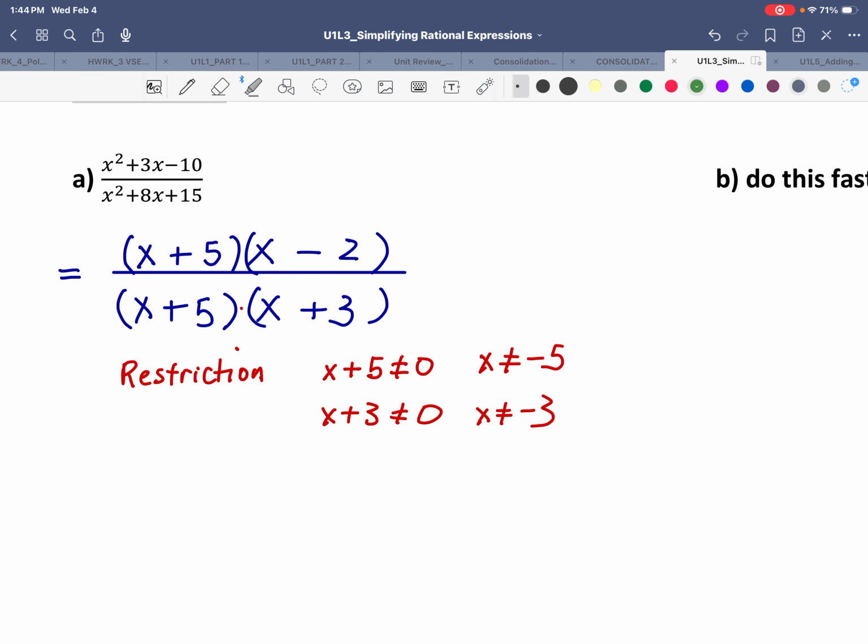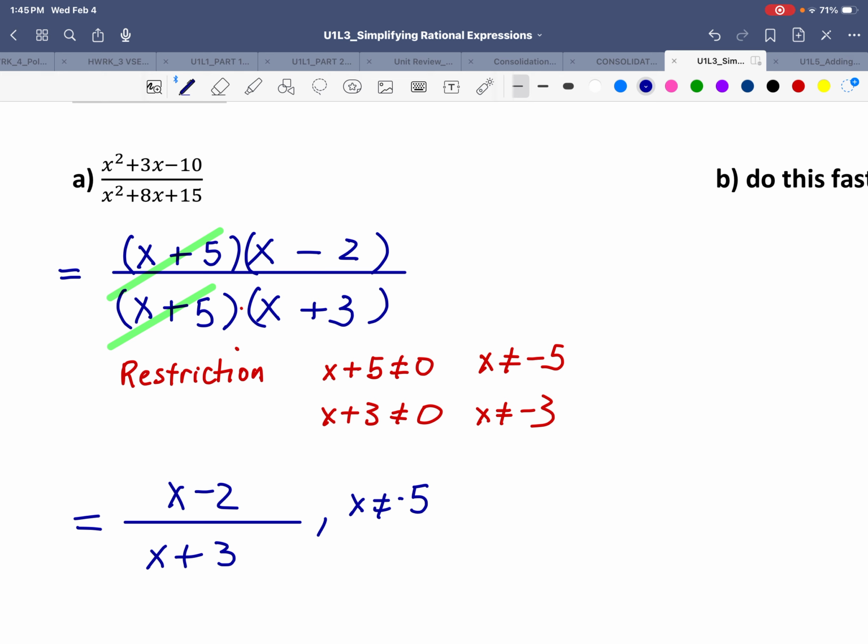And now we are allowed to simplify here. And the final answer would be x minus 2 over x plus 3. All right, so x minus 2 over x plus 3 with a condition that x cannot equal negative 5 or negative 3. And that's the end of it.